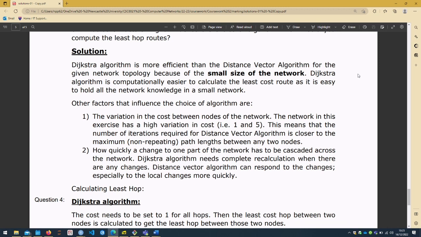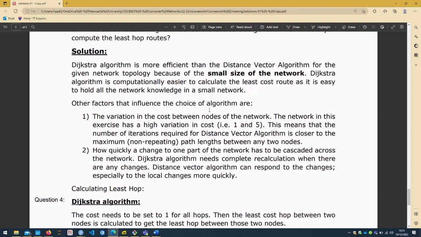For a larger network, you might prefer the distance vector algorithm because it can track the changes that occur locally, whereas Dijkstra's algorithm might not be very computationally efficient. And I think that's highlighted here: it's computationally easier to calculate and hold all the network knowledge in a small network.